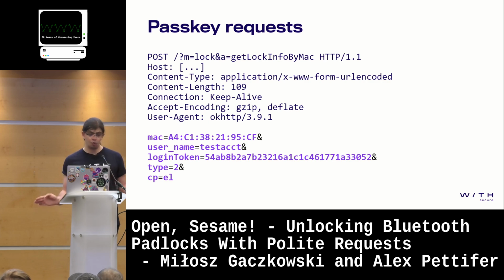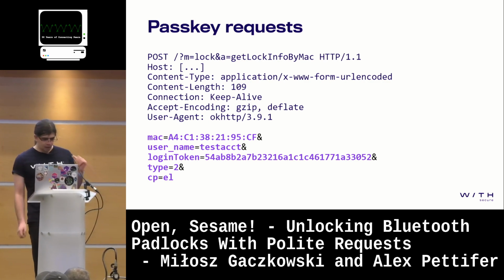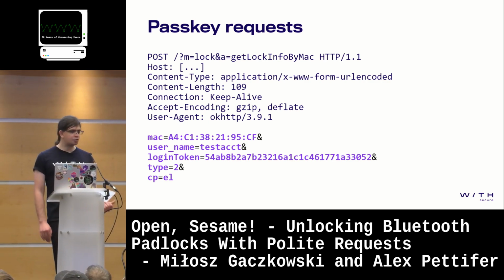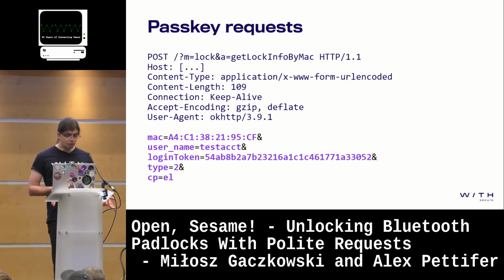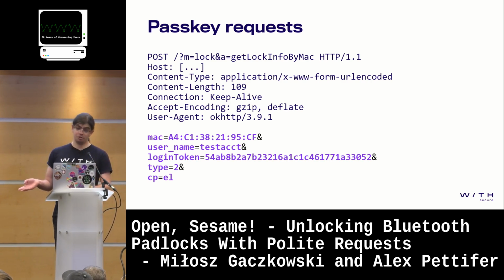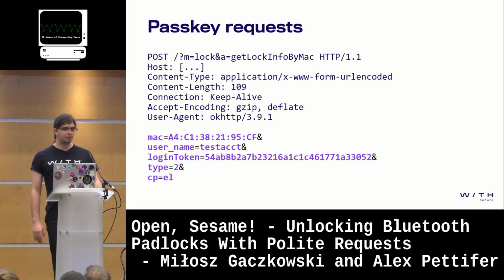So that is information you definitely know. There is the username of the user performing the unlock, some sort of session token, and then a couple of parameters that we don't understand and don't care about. We don't know what type equals 2 means, and CP equals EL I think has something to do with branding, but again, we'll dismiss those as unimportant.